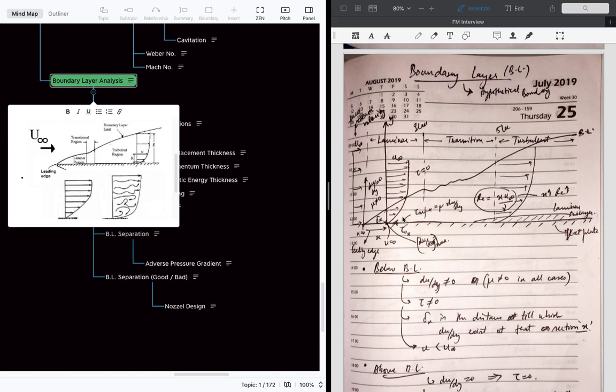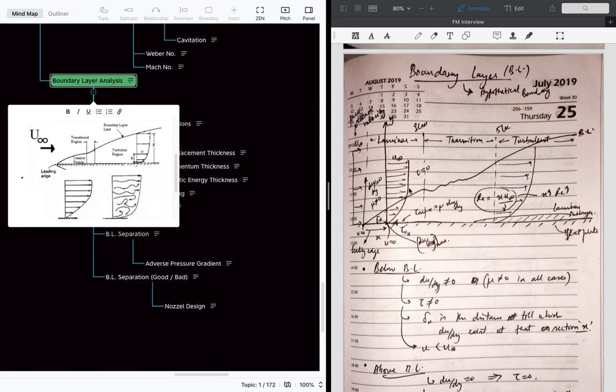Okay, and from this layer, we can see that at this point the shear stress is maximum. Velocity gradient is nothing but the slope of this parabolic curve. Until this point, there is a very high slope, that is why the velocity gradient is high until this point.